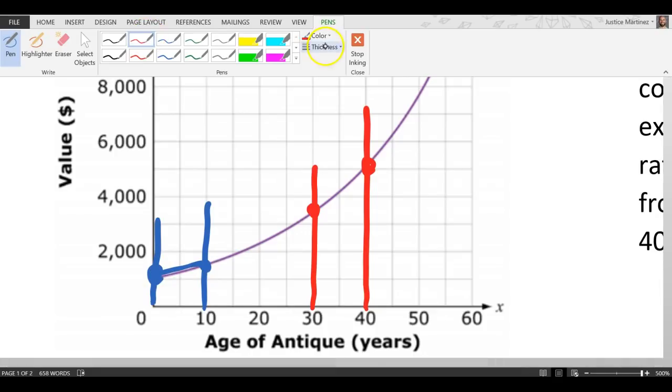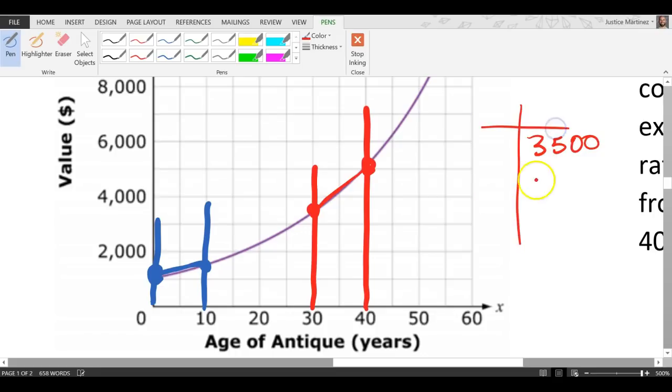I'm going to do the same thing in red. I encourage you to try following along. So we can see that it starts at about 3,500 and goes to about 5,000. And again, it went from 30 on the x to 40 on the x. Well, that's an increase of plus 10. That's an increase of plus 1,500.